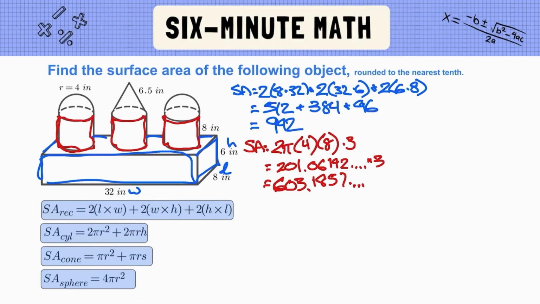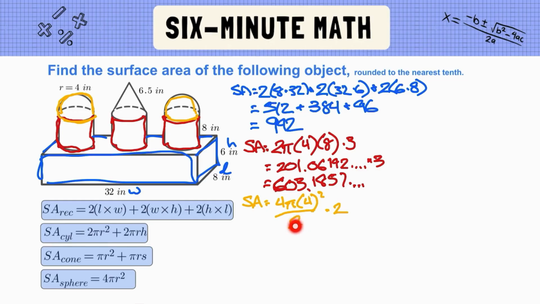My sphere formula, let's do this one in yellow, is 4 pi r squared. So we have 4 times pi times that radius of 4 squared. A half sphere is divided by 2. But then I would need to multiply it by 2 to get both spheres.